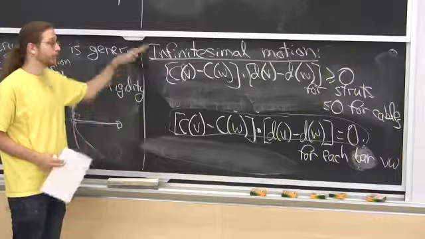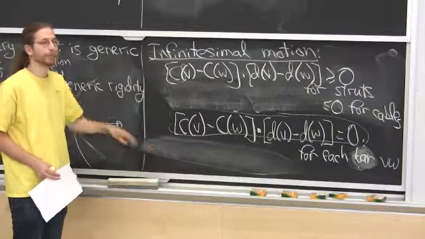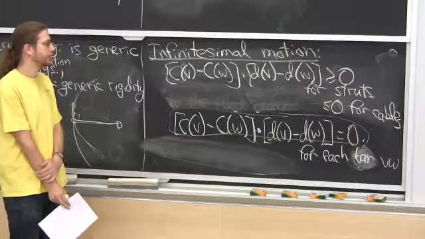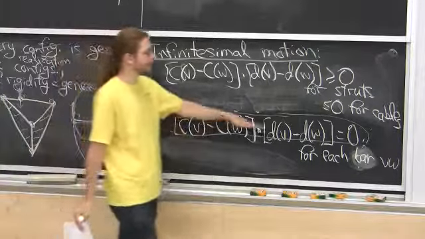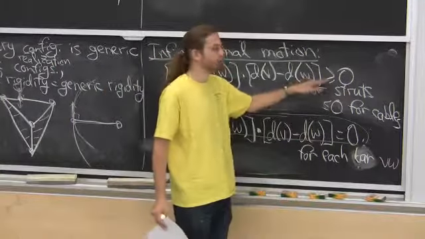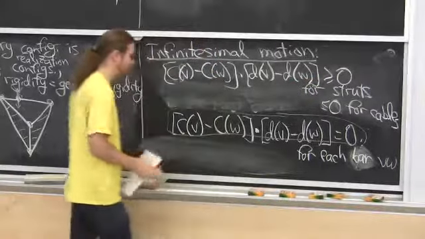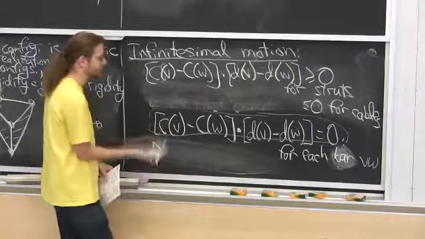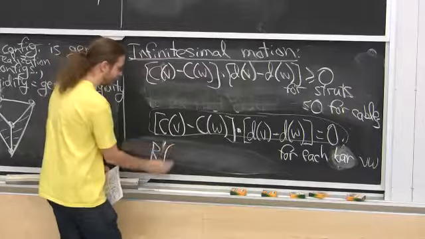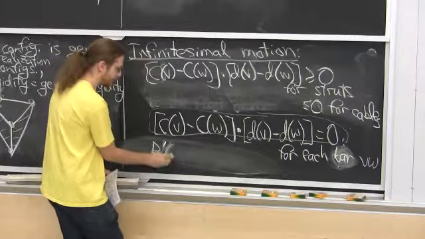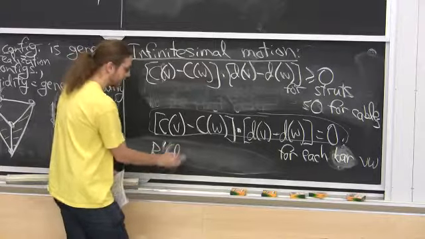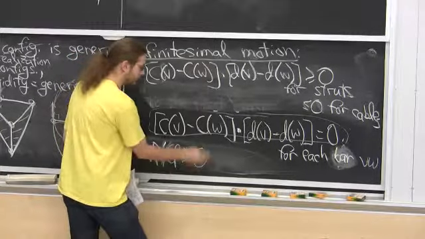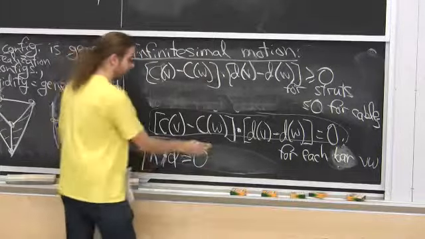But this is a more general thing called a linear program, where I have linear equations, I also have linear inequalities. So in fact, I can write it as some other matrix, R prime. Actually, it's the same matrix. R prime times D is greater than or equal to 0. This is a general form of a linear program.